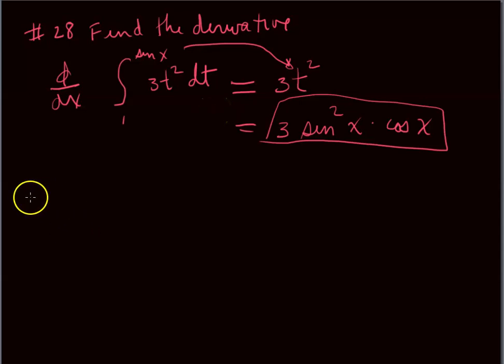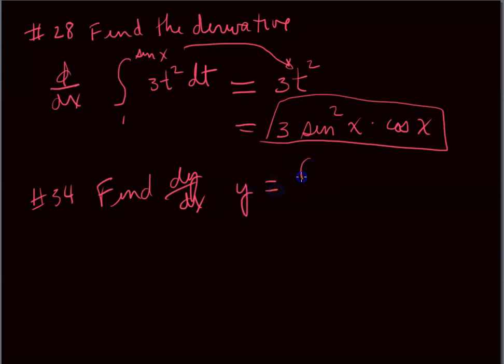number 34. Find dy/dx when y is equal to the integral from 0 to x squared of cosine times the square root of t dt.